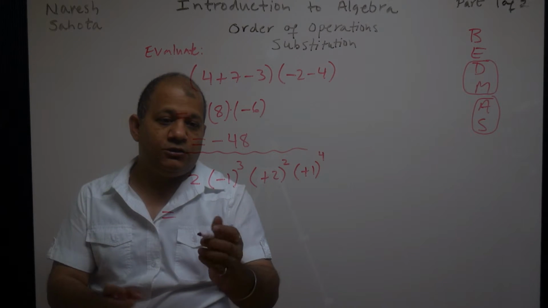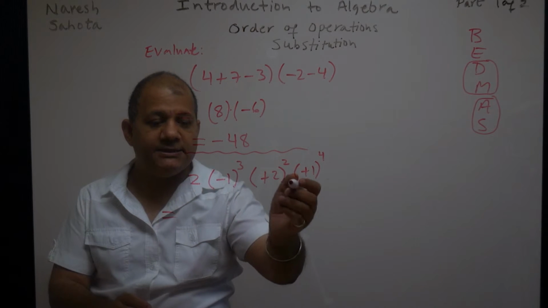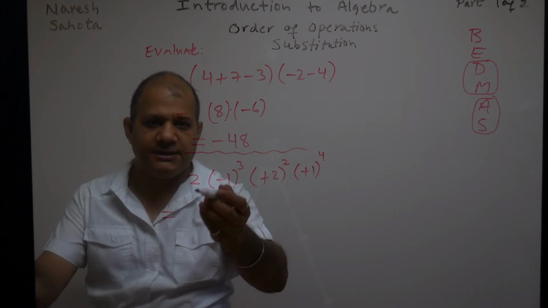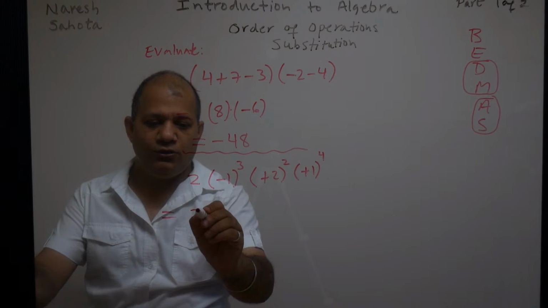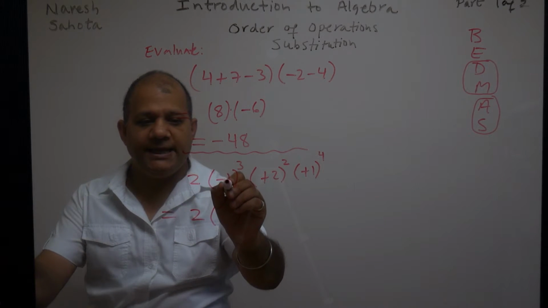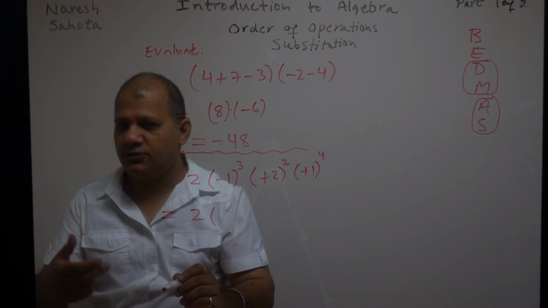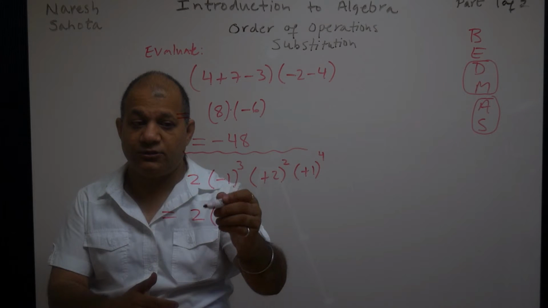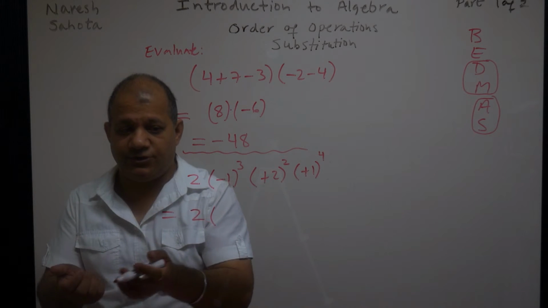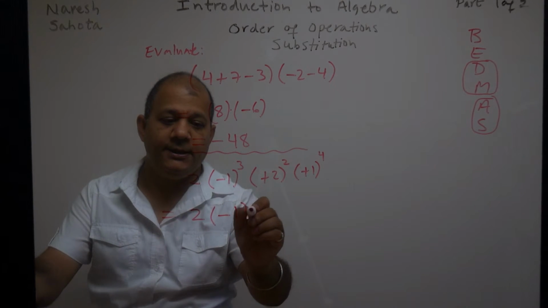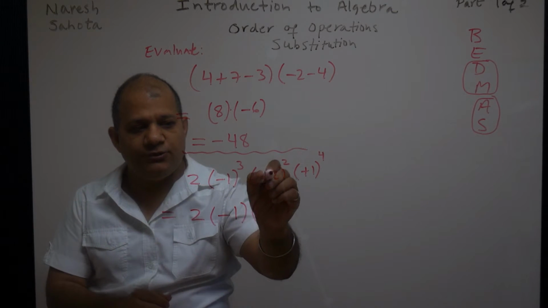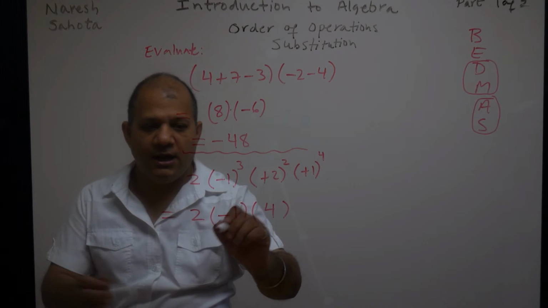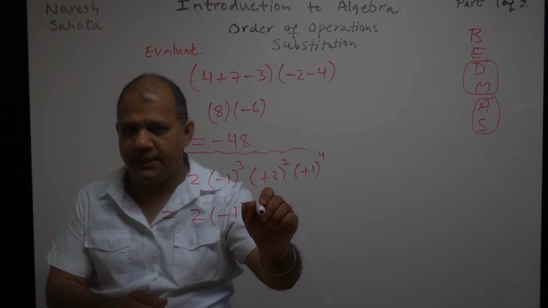So we want to make sure that you understand what the difference is. Okay, so let's do brackets. So brackets and then exponents, and we can do operations simultaneously. So copy the 2. Now what's negative 1 raised to the exponent 3? So negative 1 is being raised to an odd exponent, and we learned previously that it's going to give us a negative answer, right? So this is negative 1. And now plus 2 squared, so that's simply 2 times 2, so that's 4. I don't need the excess positive sign anymore, right?